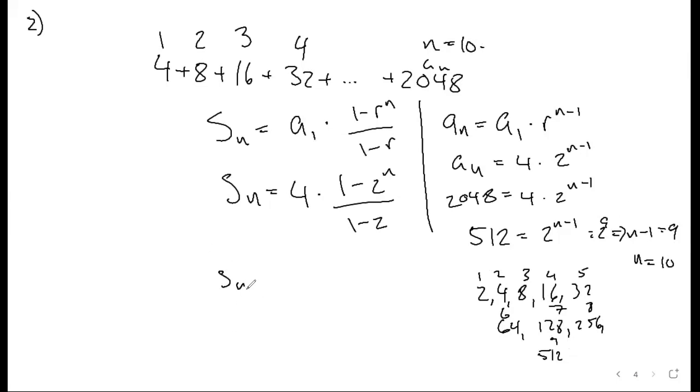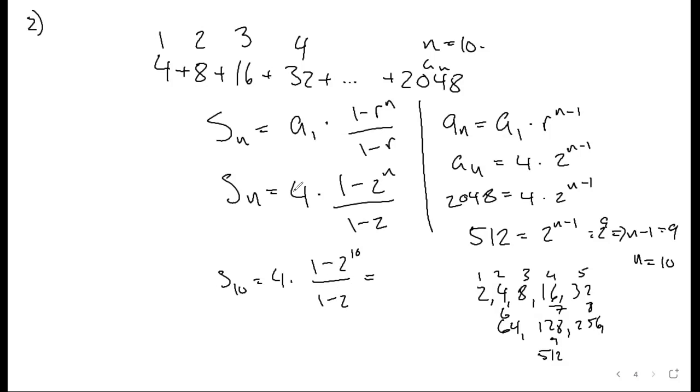Okay, so S sub 10, which is what we're trying to compute, is 4 times 1 minus 2 to the 10 all over 1 minus 2. What is 2 to the 10? That's 1024.